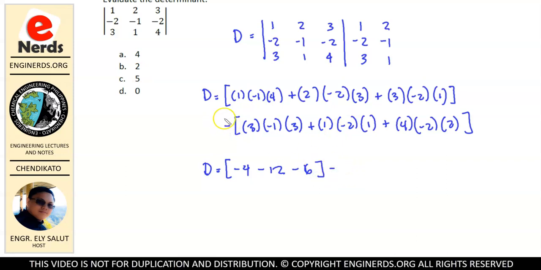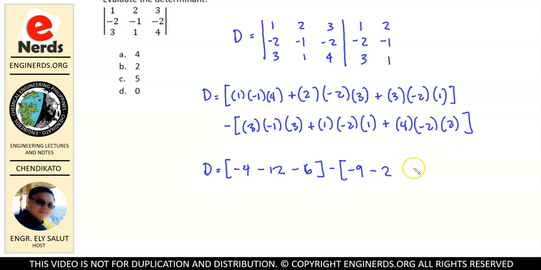Then minus, pag natin kalilimutan, subtraction yan. Okay, so 3 times negative 1 will be negative 3 times 3 will be negative 9. Okay, then 1 times negative 2 will be negative 2 times 1 will be negative 2. So minus 2. Then 4 times negative 2 will be negative 8. Then times 2 will be negative 16.